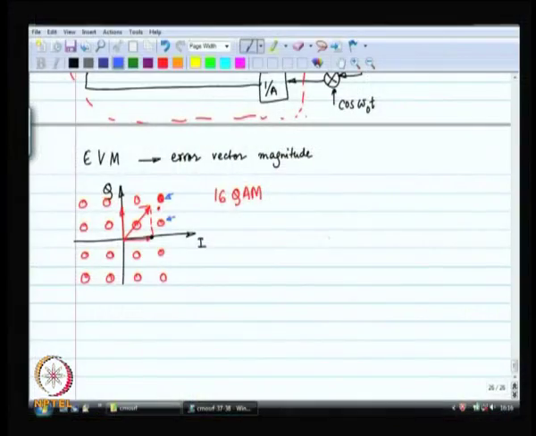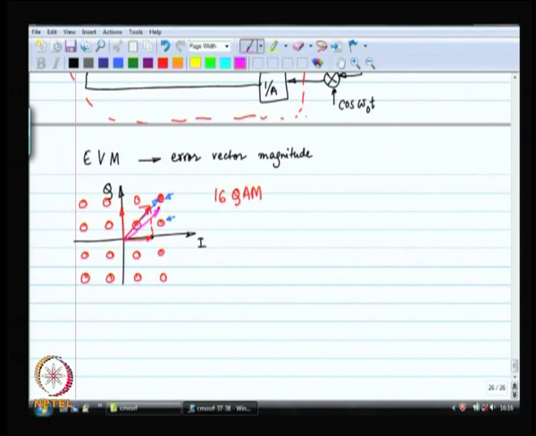So, the modulation scheme is going to tell you what is the maximum error in terms of I path and Q path gains you can tolerate. So, the error vector magnitude is, let us say this was the desired phasor, instead I have achieved this phasor.